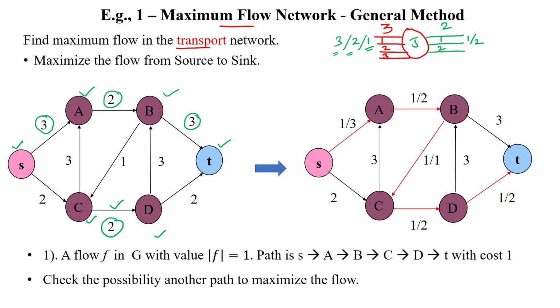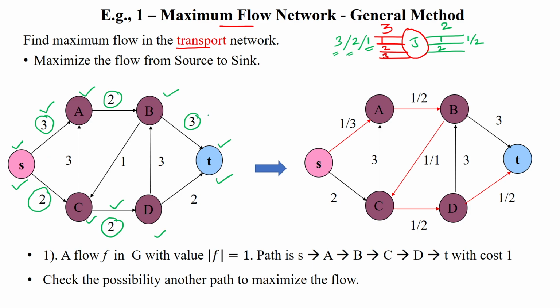Here our aim is identifying the maximum number of vehicles that can be driven from the source to destination by using this capacity of the highway, right? So here the maximum vehicles at a time that can be driven is 2. Here the maximum vehicles that can be driven is 3, right?